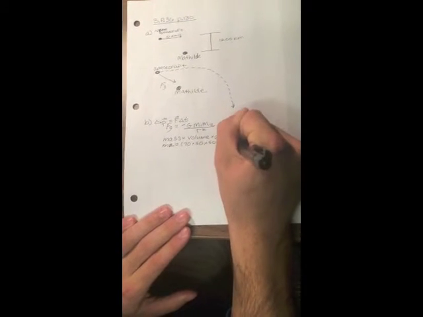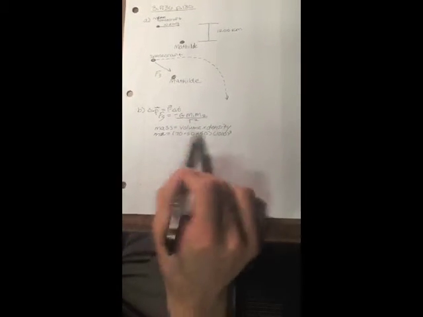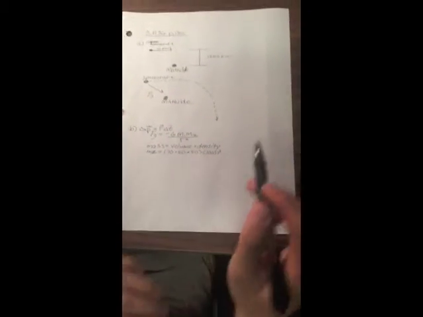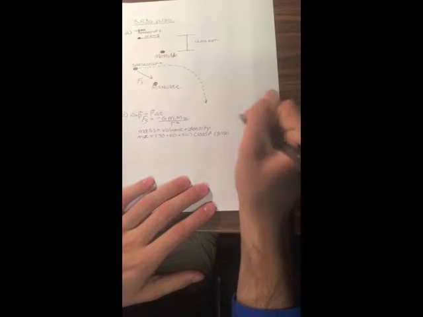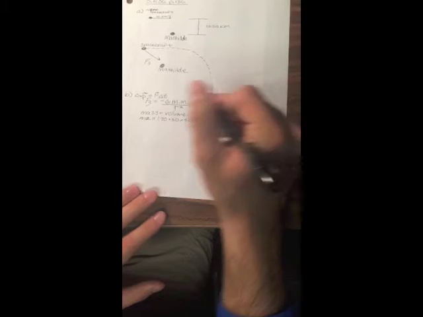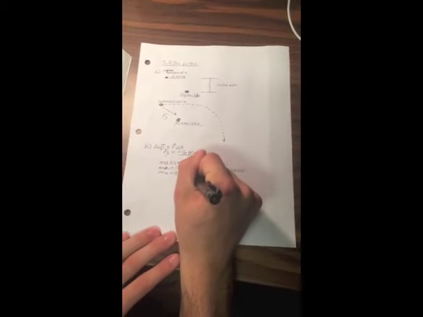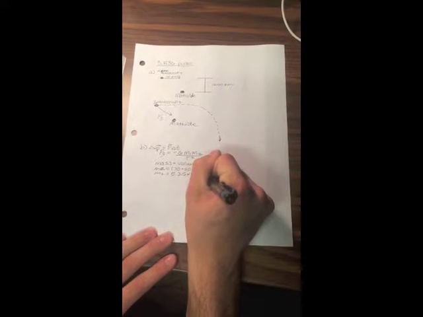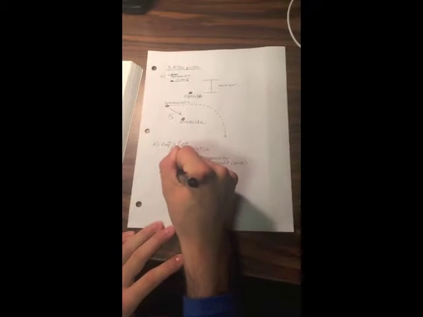You have to multiply this by 1,000 cubed to convert your volume from kilometers to meters, and then 3,000 kilograms per meter cubed is the density, and this gives you a mass of 5.25 times 10 to the 17th kilograms.